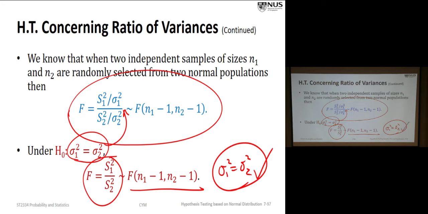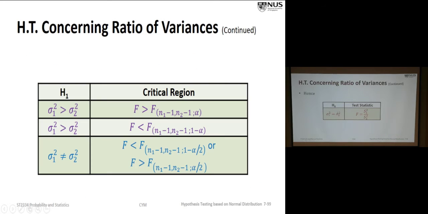Only then do you have this, while this other one does not require sigma 1 squared equals sigma 2 squared. All right? So I want you to remember or understand that. So we just work based on this one. Get the two samples, look at the values, and see how they compare with the critical values. So this is the one, okay.